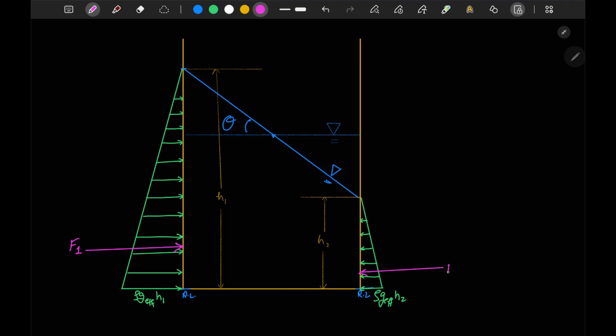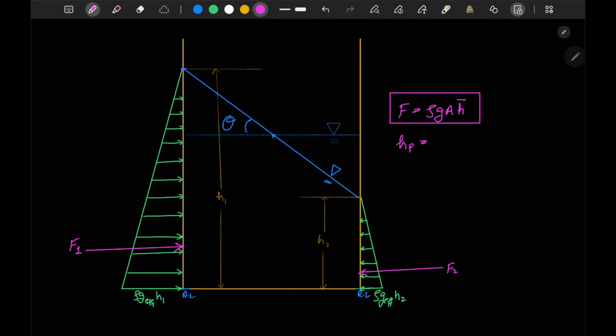We can calculate the values of F1 and F2 using the same relations. That is, F is equal to rho g A times h bar.